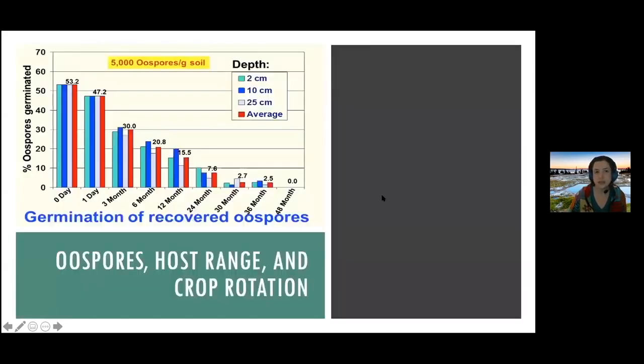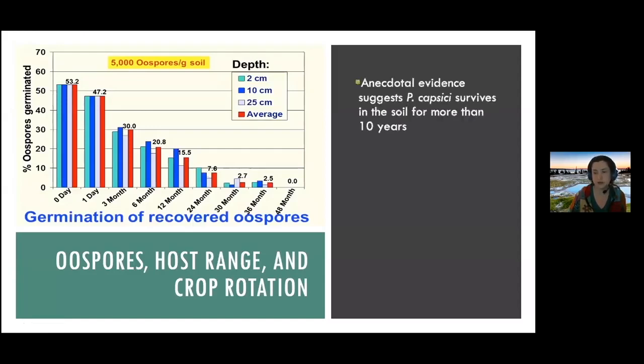There has been anecdotal evidence of people perceiving that these oospores survive for more than 10 years, right? Our researcher at the University of Illinois, Dr. Mohammed Babadoost, a few years ago ran an experiment to test this and figure out whether it really is surviving that long.